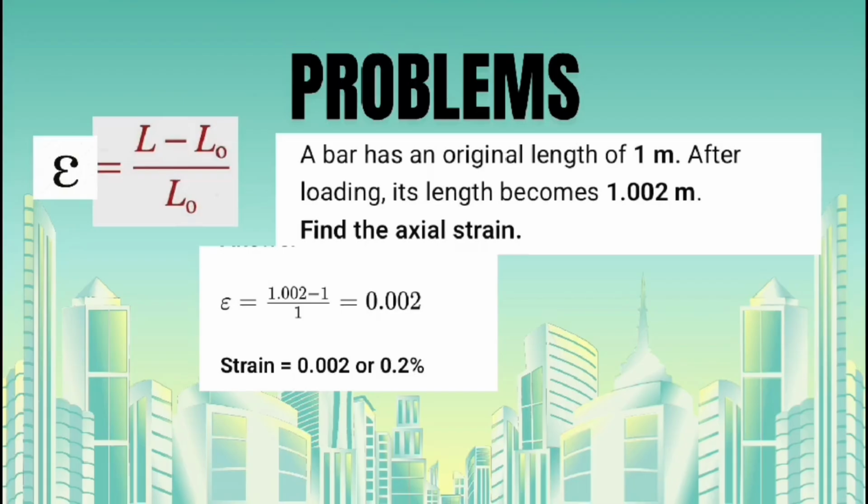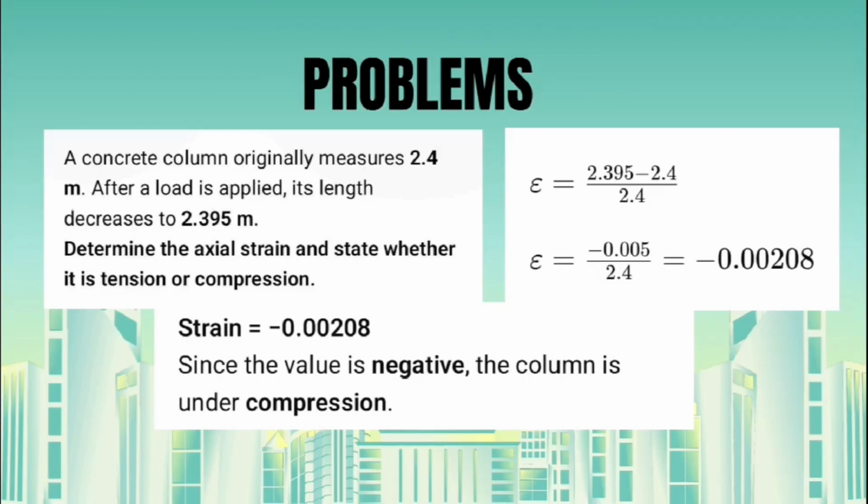And we get epsilon equal to 1.002 minus 1 divided by 1, and we get an answer of 0.002 or 0.2% strain.